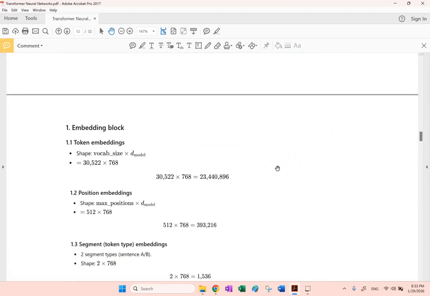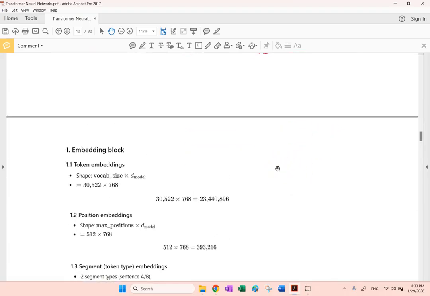Now, how do you end up with the 110 million? Well, remember the first thing you had was the embedding matrix. The dimension of that was vocabulary size by D model. That's your vocabulary size for BERT, this is D model. Multiply them. Here you are looking at 23 million parameters.